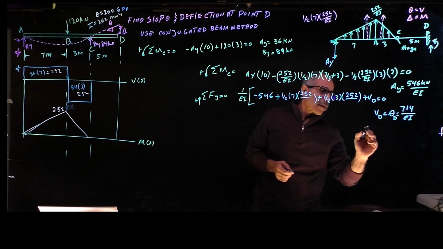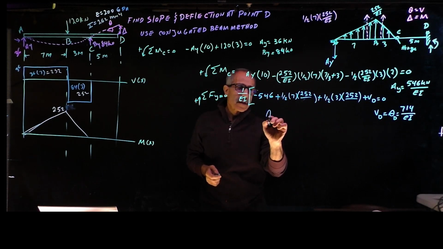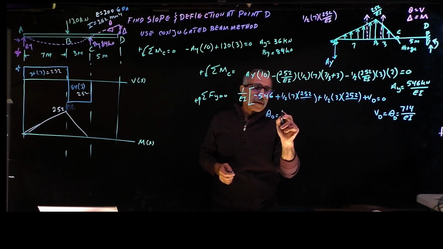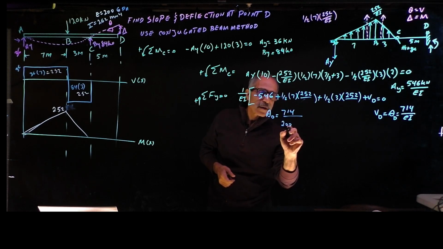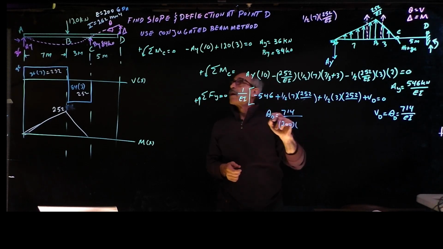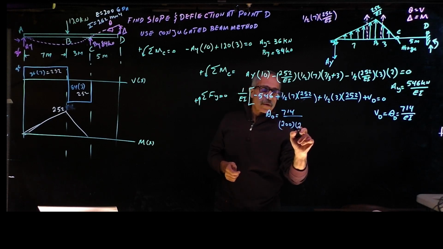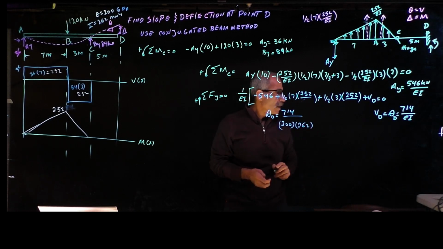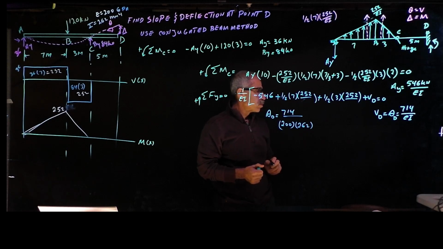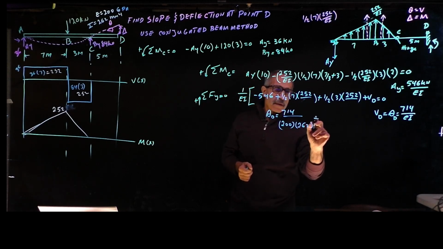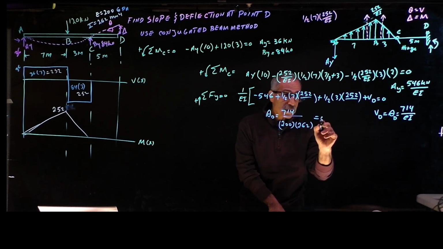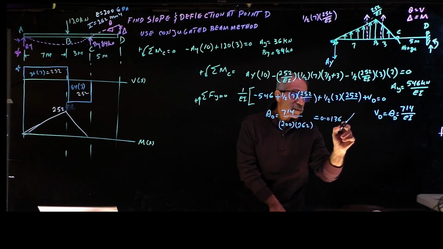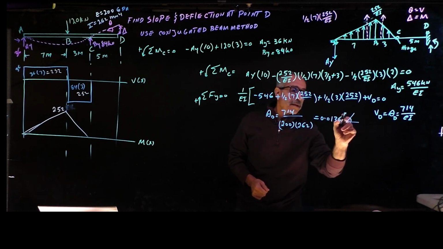And therefore, my VD theta at point D is equal 714 divided by 200 times 262. So that gives me 0.0136. That's a radian, by the way.